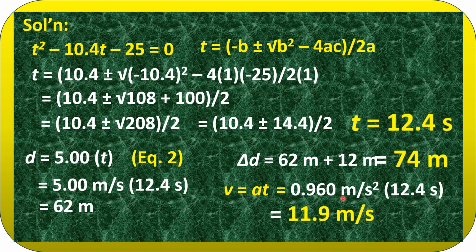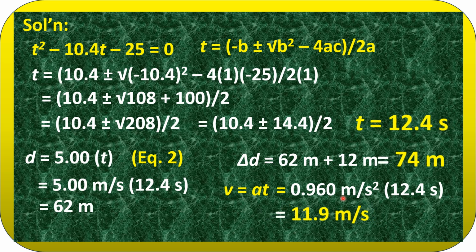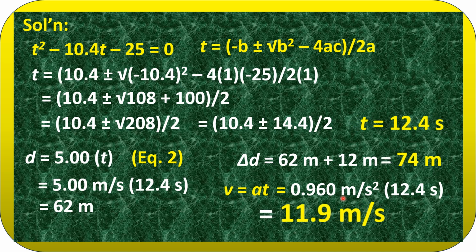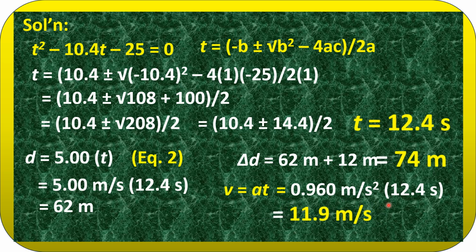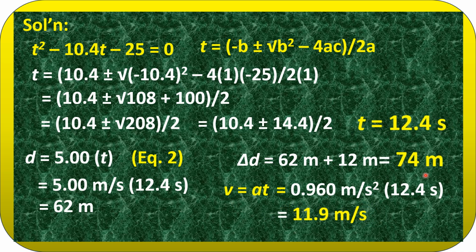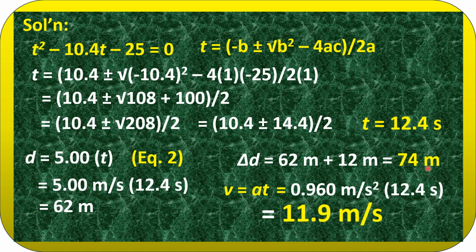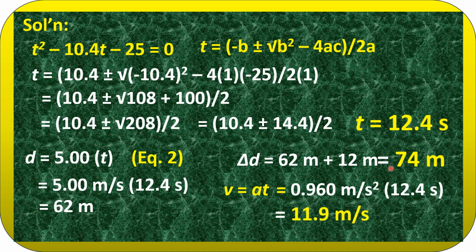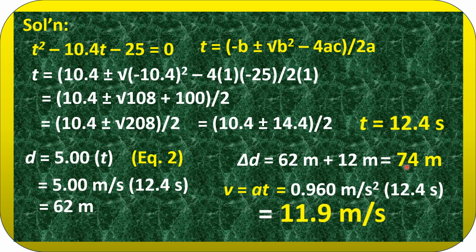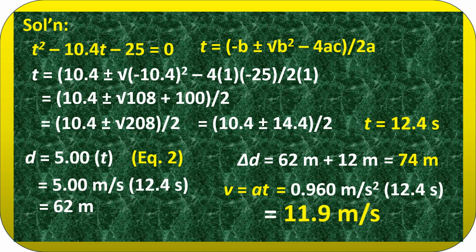So how do we evaluate these answers? We say that this maximum running speed is relatively very high, very fast. And the distance that you need to run is such a long distance, 74 meters. And it appears that you need to run this distance in just 12.4 seconds, with such a high speed.